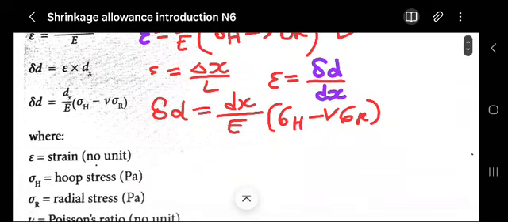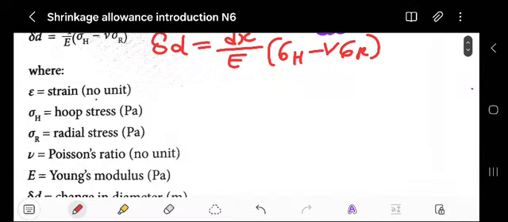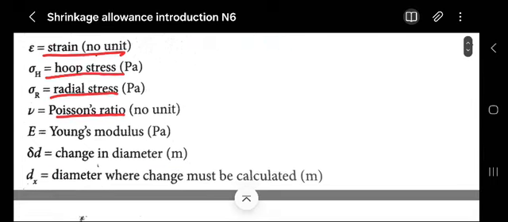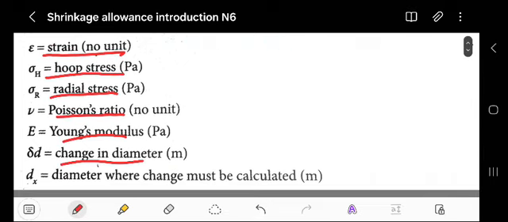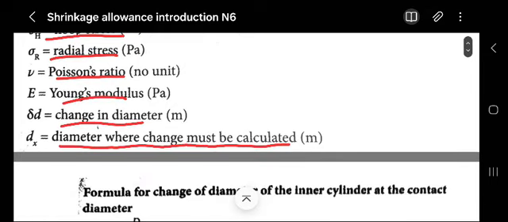That is what we have there. We've said this is the strain: hoop stress, radial stress, Poisson ratio, E Young's modulus of elasticity, and the change in diameter, where the diameter must be calculated. Hopefully you know this, Pascal.